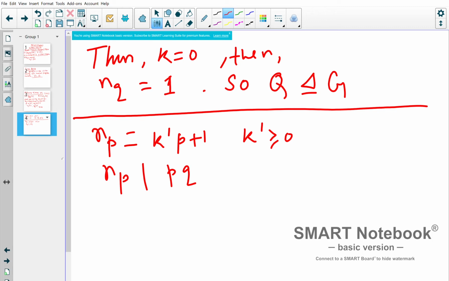So now you see, anyway, nP cannot divide P. I mean, there is no option unless it is 1, right? If k' is greater than 0, nP cannot divide this. And P is a prime number, right? So this implies actually nP divides Q, right? So nP divides Q. So what does that mean?